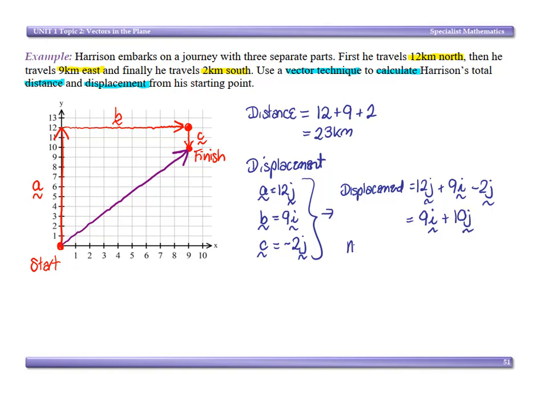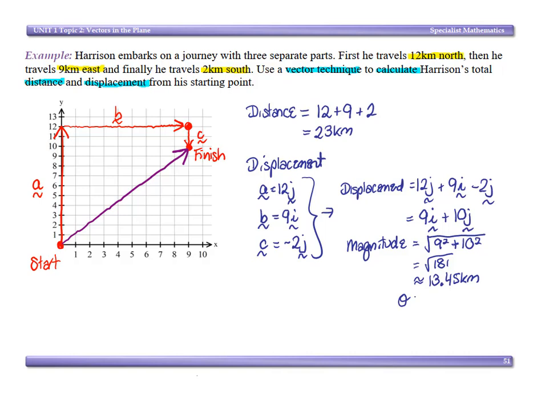Now the magnitude of the displacement is going to be the square root of 9 squared plus 10 squared. That's the square root of 181, which is approximately 13.45 kilometres.